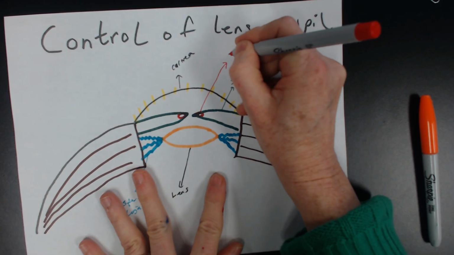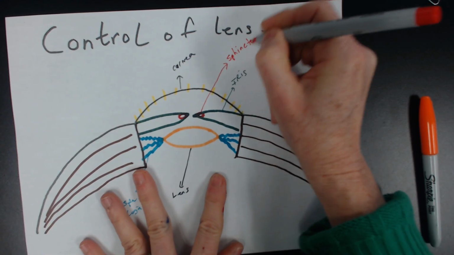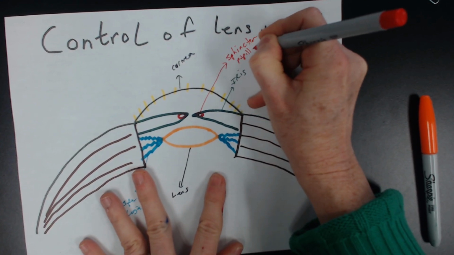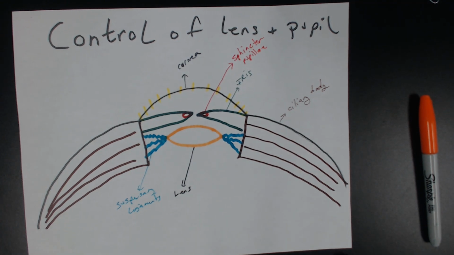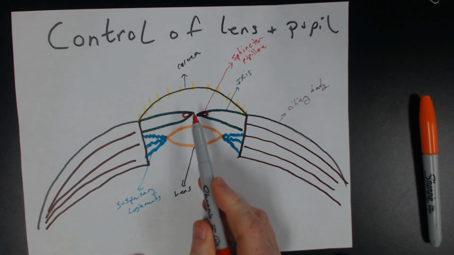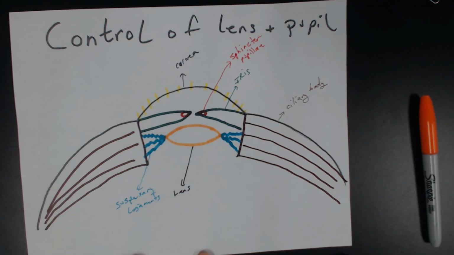This is known as your sphincter pupillae, S-P-H-I-N-C-T-E-R. Sphincter pupillae is nothing more than a muscle that encircles the entire pupil, and it has one job in life.